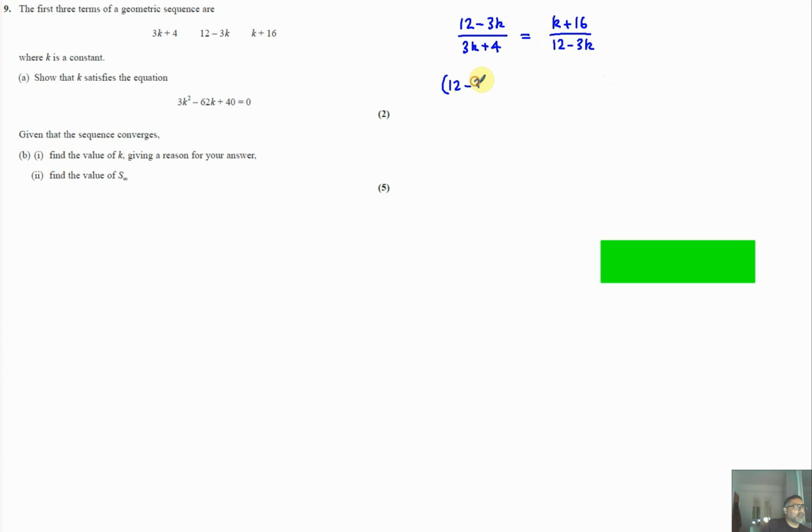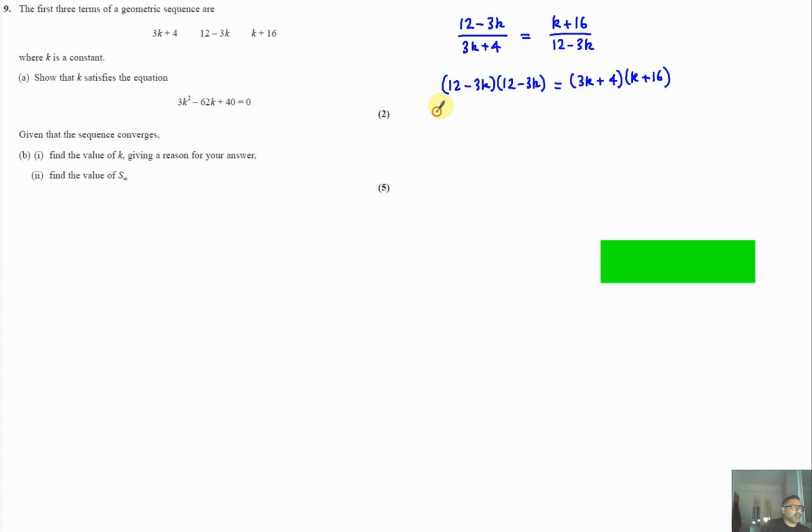So we've got 12 minus 3K times 12 minus 3K equals 3K plus 4 times K plus 16. So let's expand and simplify.